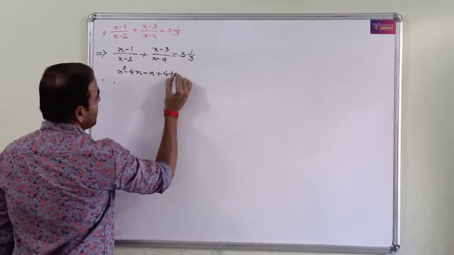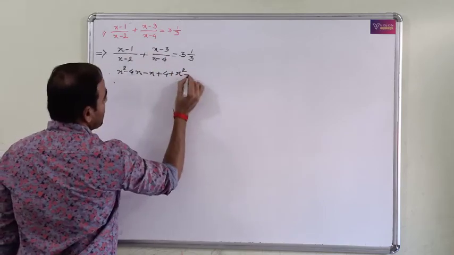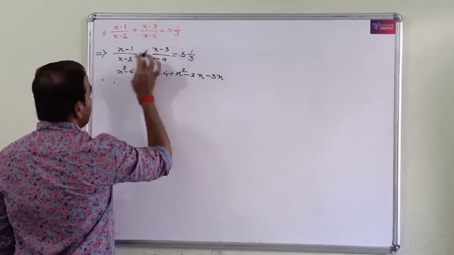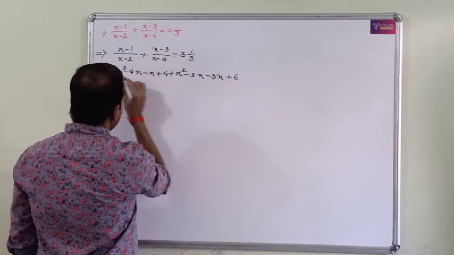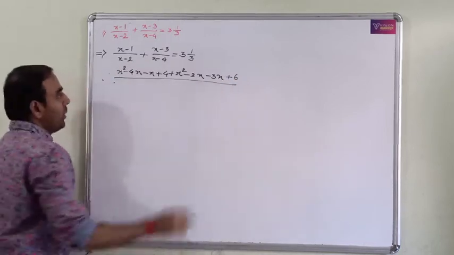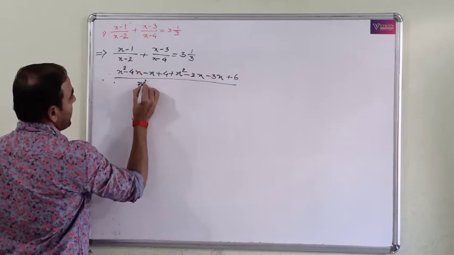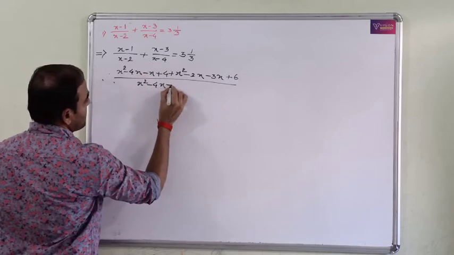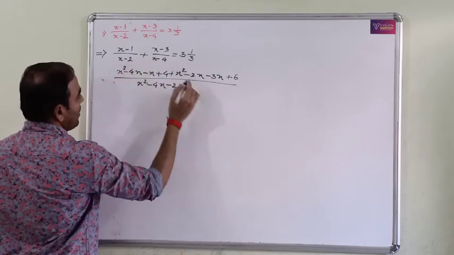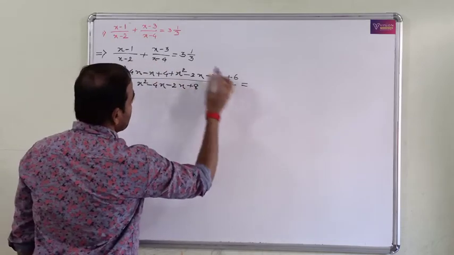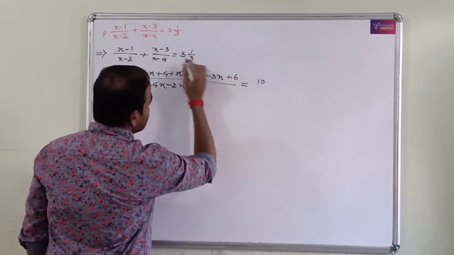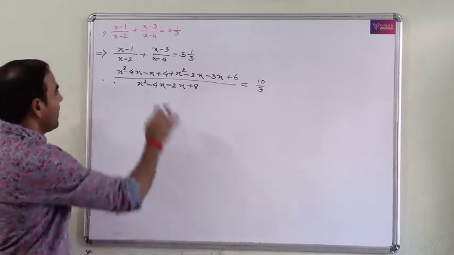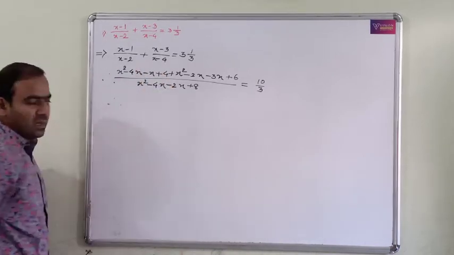Then (x minus 3) into (x minus 2): x square, minus 2x, minus 3x, and minus into minus plus 6, upon the denominator (x minus 2) into (x minus 4): x square minus 4x minus 2x plus 8, is equal to 3 3s are 9 plus 1, 10 by 3. We took the cross multiplication, the product.